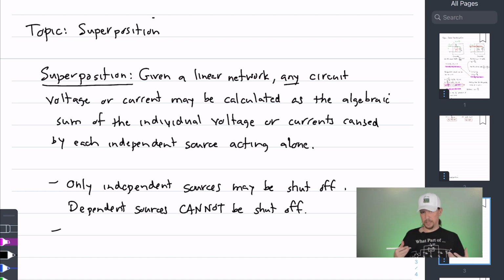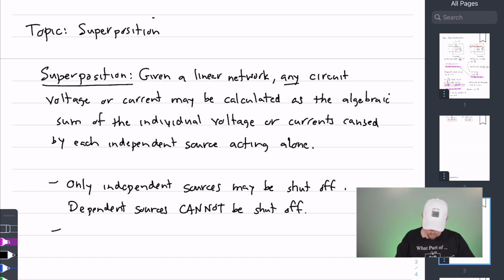A second thing, and this is again in terms of the wording, this technique itself is only useful in analyzing circuits that contain two independent sources or more. If your circuit contains one independent source, whether it be a voltage source or a current source, this technique cannot be used in order to analyze the circuit.